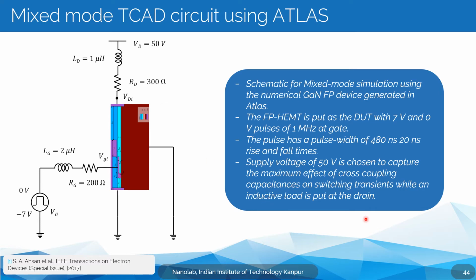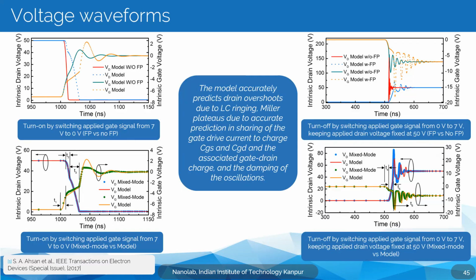And we had a supply voltage of 50 volts, and a fairly short pulse of 480 nanoseconds with 20 nanoseconds rise and 20 nanoseconds fall. And what we observed was that with the field plates, the ringing which we got was very accurate, and it almost overlapped with the mixed mode results.